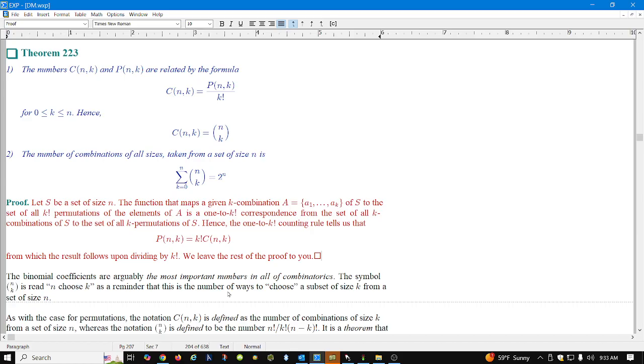For example, one of the things I do in my elementary classes is I talk about poker hands. How many flushes are there? How many straights are there? How many full houses? The way you determine those numbers is to pretend you're constructing all the possible full houses. If you're not familiar with poker hands, a full house consists of 3 cards of the same denomination, like 3 kings, and 2 cards of the same denomination, like 2 eights.